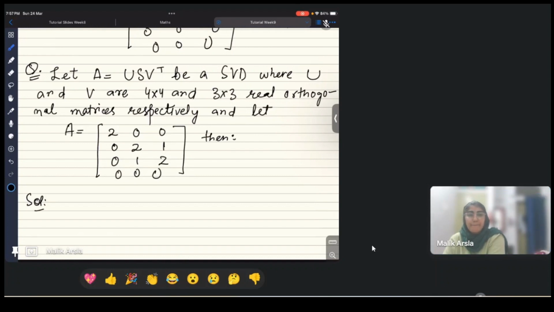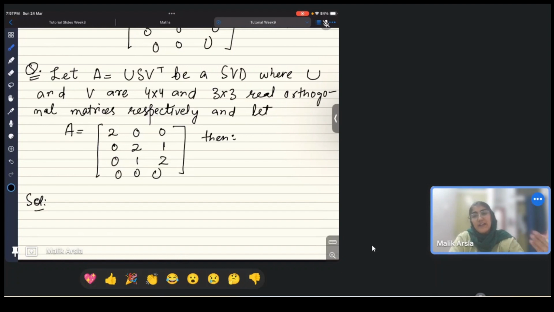First find V, that is A transpose A, eigenvalues of A transpose A. Yes, correct. We know that sigma is a matrix which contains the singular values of A as its diagonal entries. And singular values of A are nothing but, again I am telling, the square roots of eigenvalues of A transpose A.